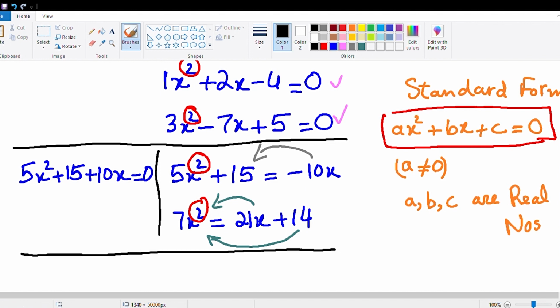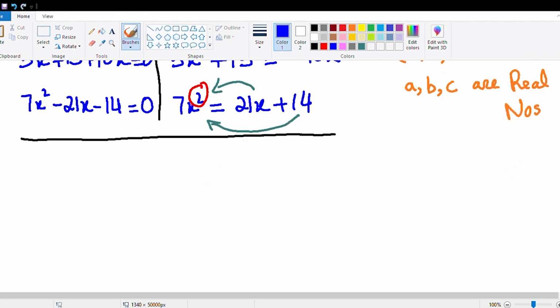And yeah, so in the next equation we'll have 7x squared minus 21x minus 14 equals 0. And yeah, done. These are quadratic equations now in standard form, all of these. So that's good. Now there's another thing.